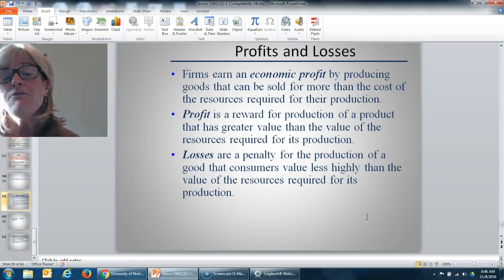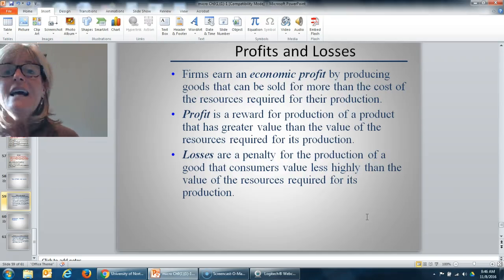On the other hand, let's just say you're a terrible pizza guy. You produce the worst pizza ever, and you go out of business. Well, you couldn't even cover the value of those resources. You devalued those resources in the production of pizza. After you produce pizza, those resources were worth less than before you started.